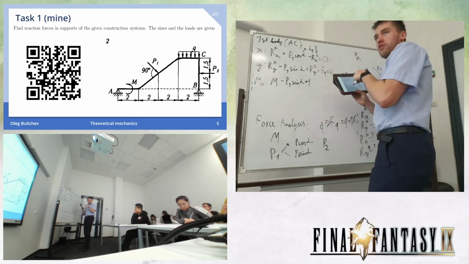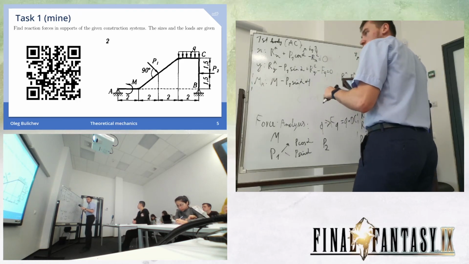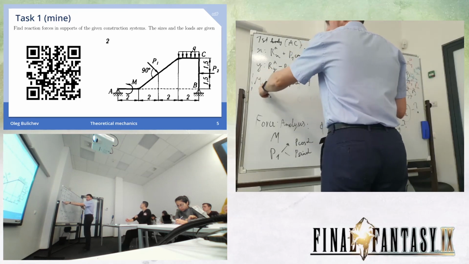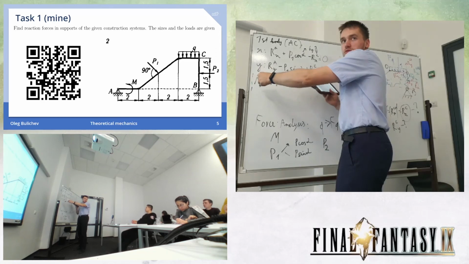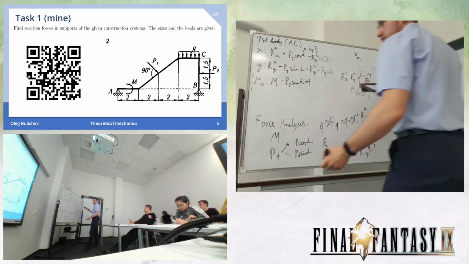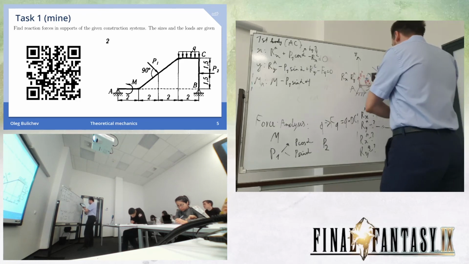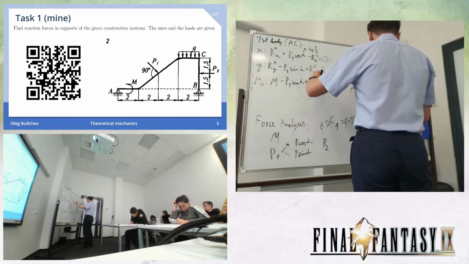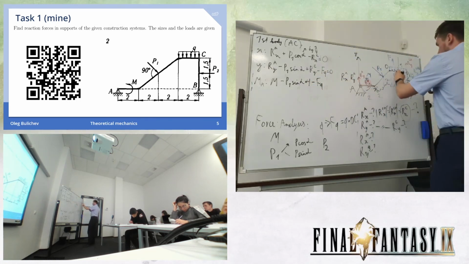So I found the type there. Point 8. This is the reason why I asked you to write like this, because in this case you can understand the moments around point 8. In this case, 2, 7.